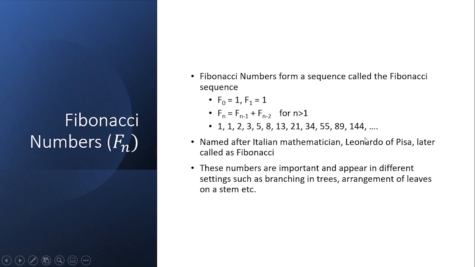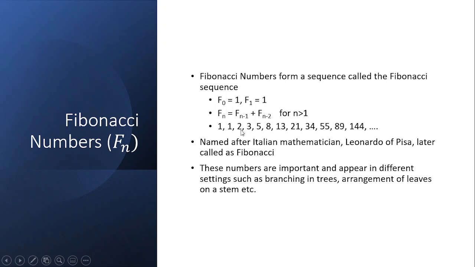These numbers are very interesting numbers, okay? And this is the Fibonacci sequence. So the first two Fibonacci numbers are 1 and 1, okay? And then you can get the next Fibonacci number by adding the previous two numbers. So 1 plus 1 is 2.